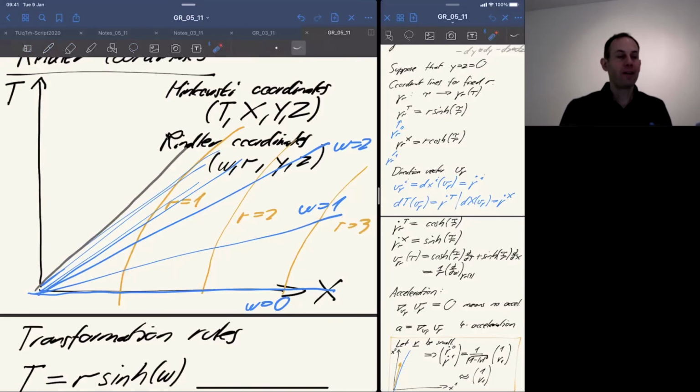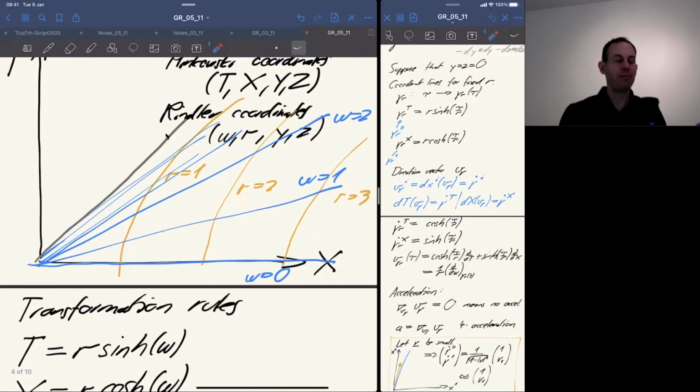So why is this remarkable? Let's calculate the spatial distance between the observers. Now, this is very, very dangerous because I spent the whole first half hour of this lecture to tell you that the spatial distance is something that is not well defined. However, in Minkowski space, and if you define simultaneity well, then we can still define a notion of distance.